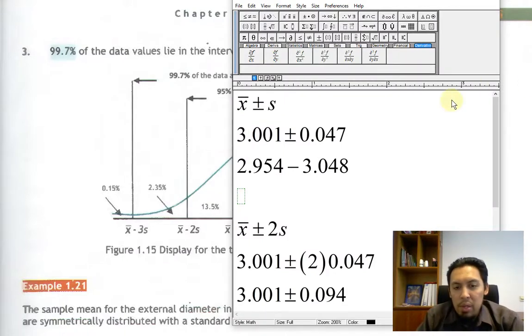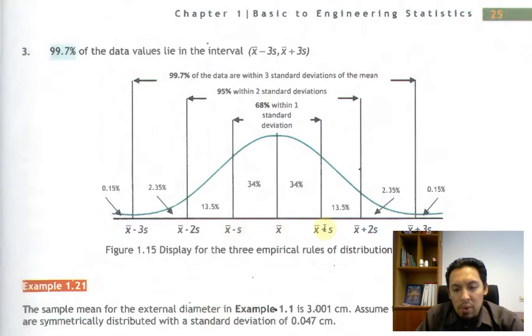Maybe to apply it, we can use our previous example. So for the first standard deviation, mean plus minus 1 standard deviation, this is the range 2.954 to 3.048. So we can say that 68% of the data is within this range.